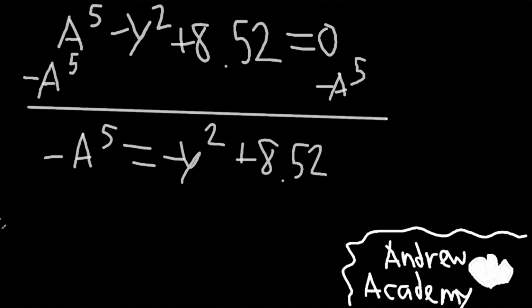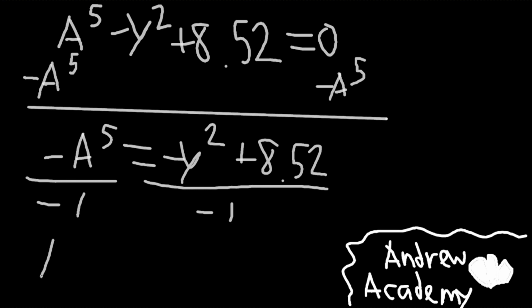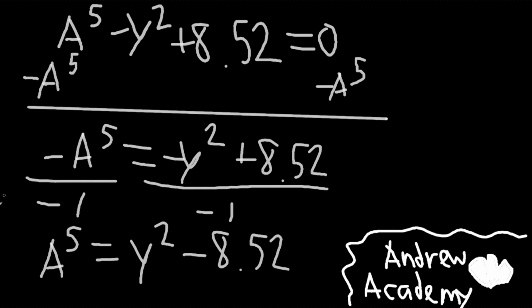Next, since we want to make this normal, we're going to multiply both sides by negative 1. It gives us a to the power 5 equals, and this makes it positive, y squared minus 8.52.